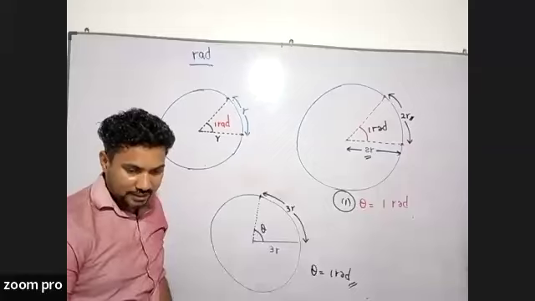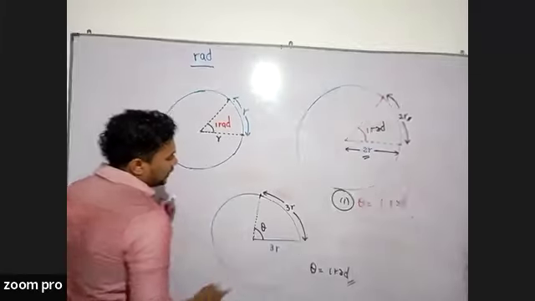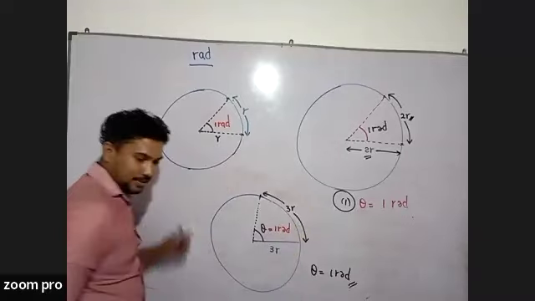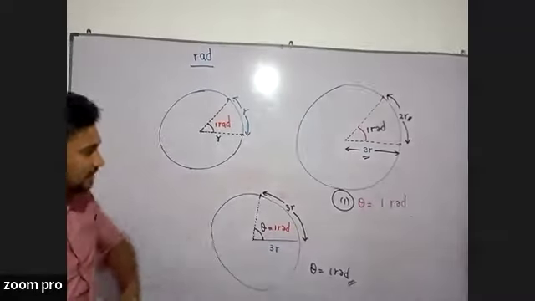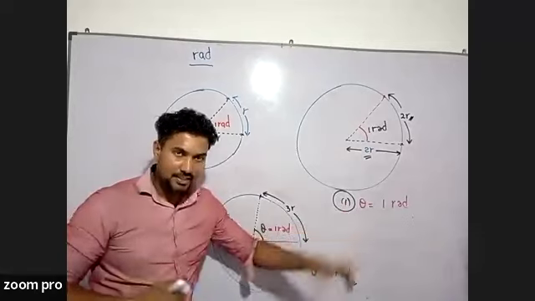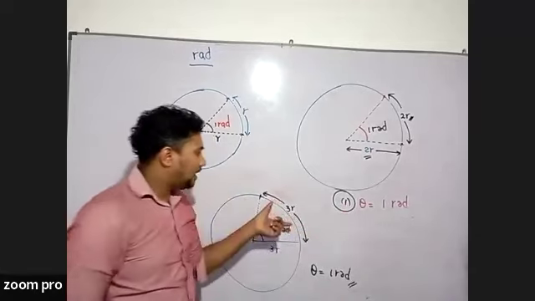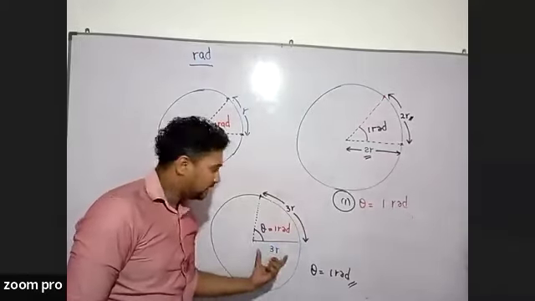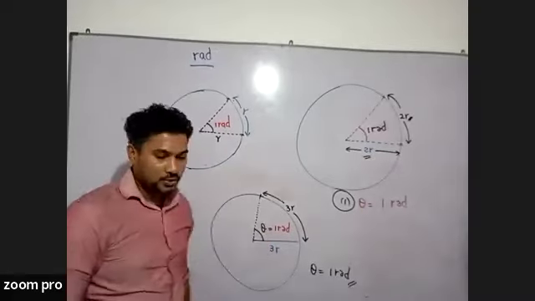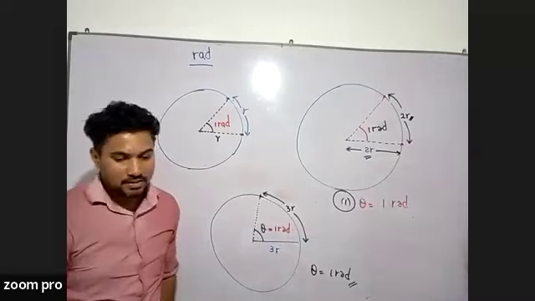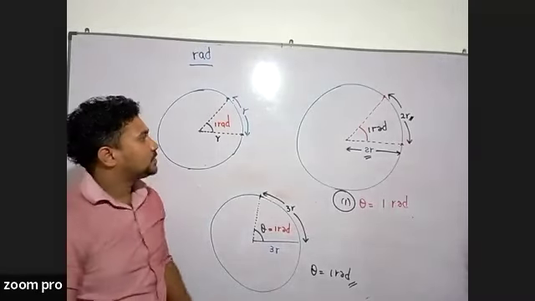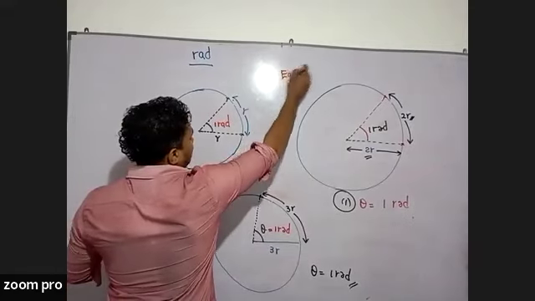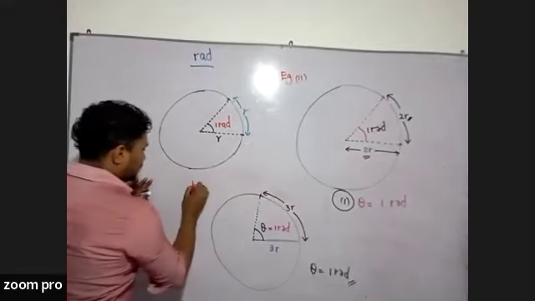Right. Okay, great. Now you have got that. So this is obviously equal to 1 radian. See, even if the circle is getting bigger, if the length of the arc is equal to the radius, then the angle is equal to 1 radian. So just copy these two diagrams also.